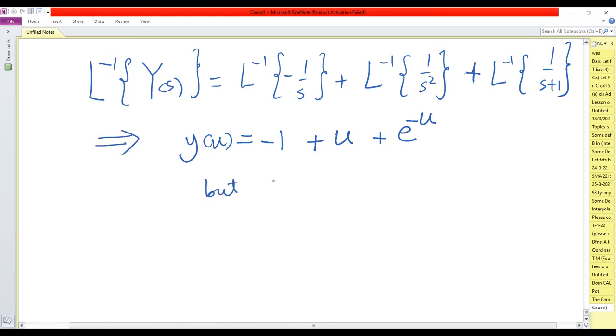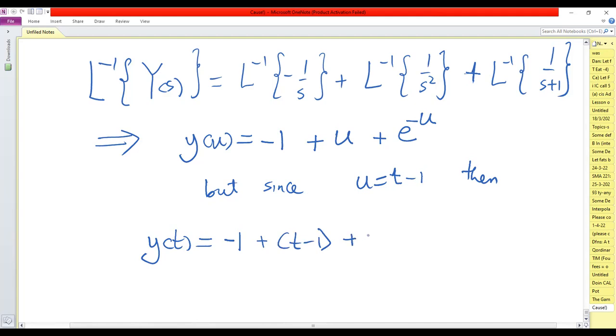But since u was the same as t minus 1, then the solution y of t will be given by -1 plus (t minus 1) plus e raised to power -(t minus 1).